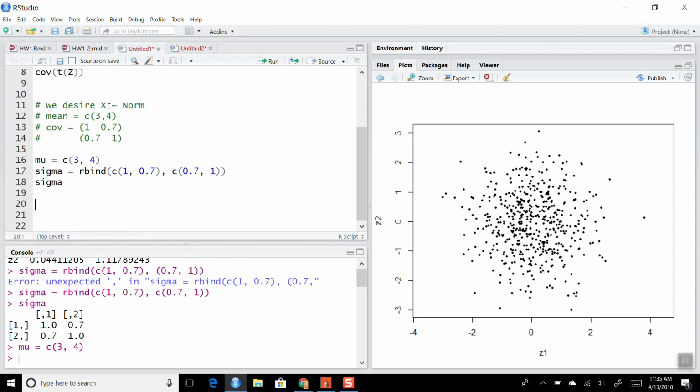Okay. And so now I need to decompose sigma. I can do this, right?